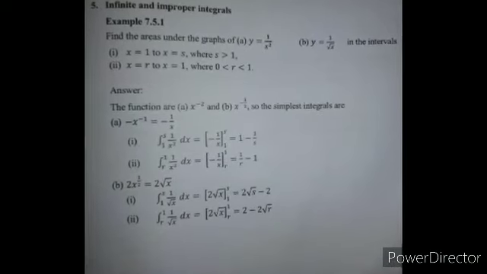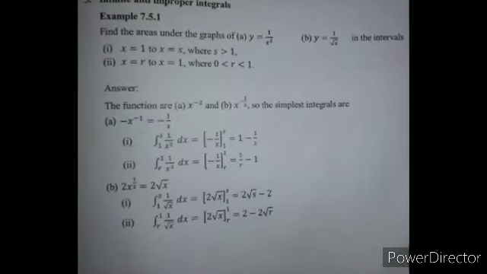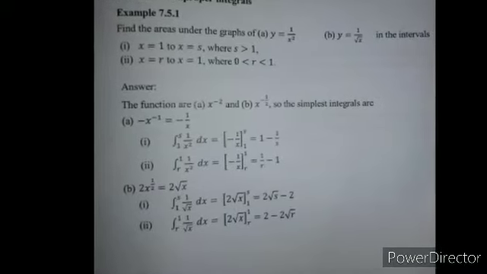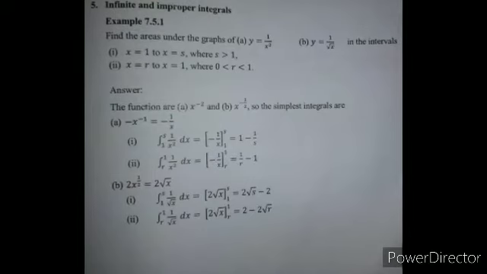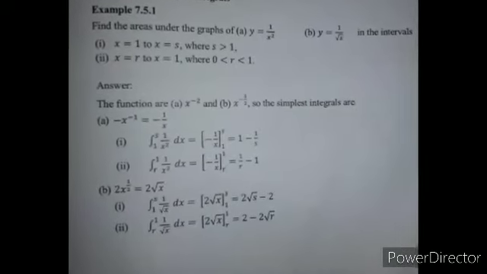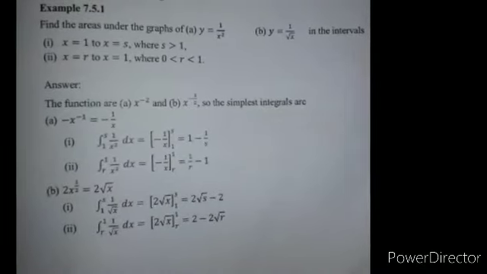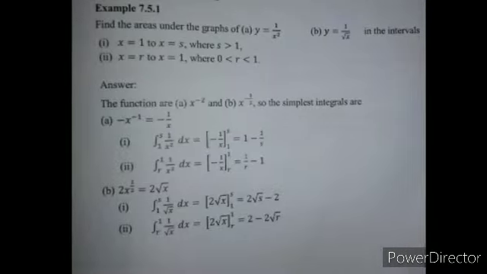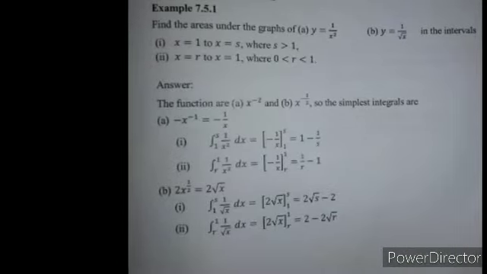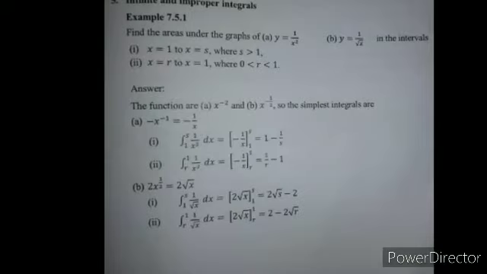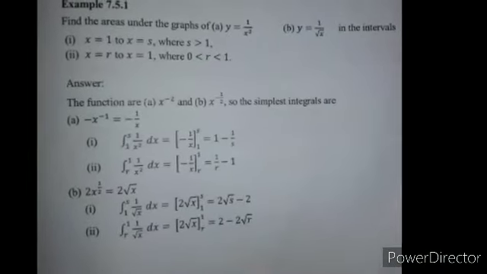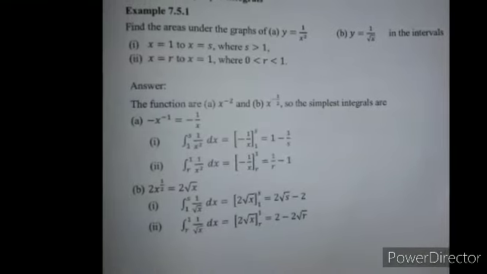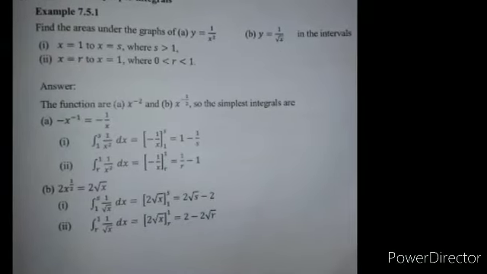B. 2x to the power of half equals 2 root x. First, the integral from 1 to s of 1 over root x dx equals 2 root x evaluated from 1 to s, which equals 2 root s minus 2.